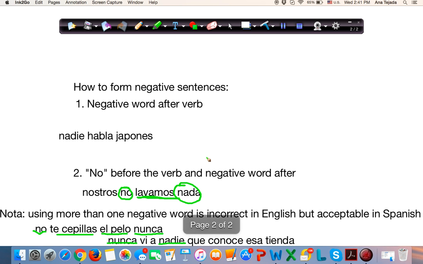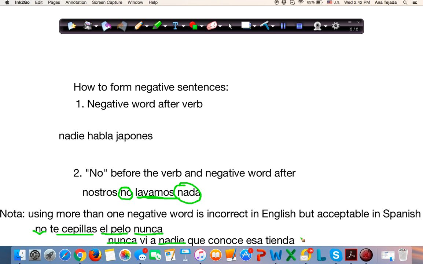So this tells us that it's not necessary to have no and then the negative word. We can also have two negative words within the same sentence, which in English would be: I've never seen someone that knows that store.